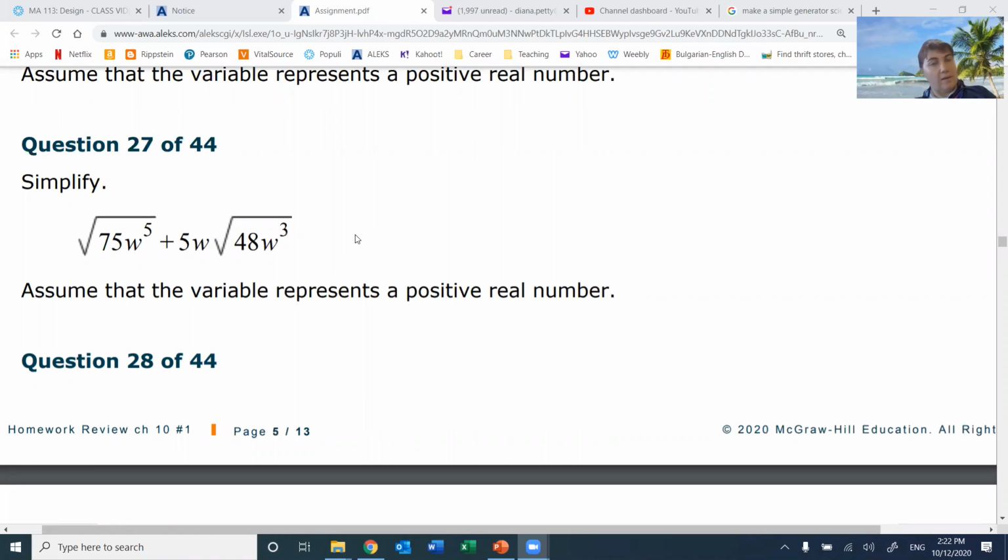Let's do this one. Take what you can take out. Your goal is to make them the same under the radical if you can. Might not, it's not a big deal. 75 is actually 3 times 25. You need to know the secret code. 48 is 3 times 16.